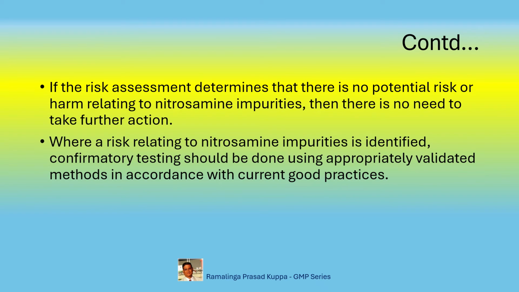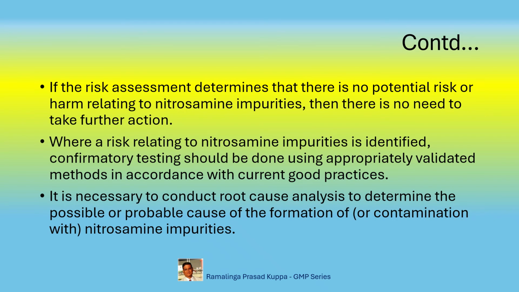Where a risk relating to nitrosamine impurities is identified, confirmatory testing should be done using appropriately validated methods in accordance with current good practices. The analytical methods should be validated as per USP chapter 1225.